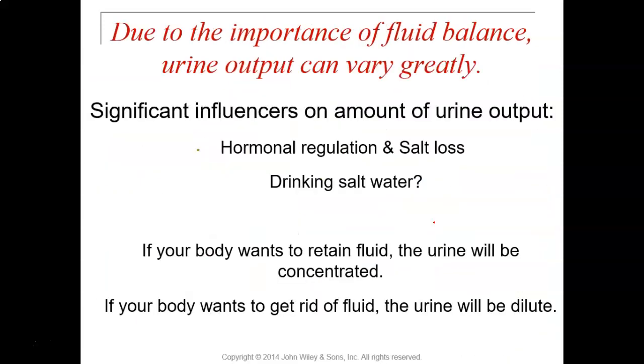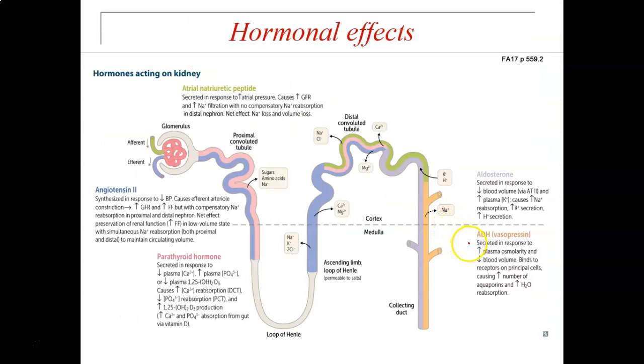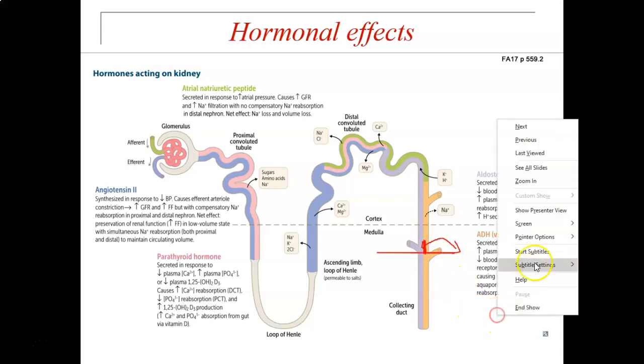That is how ADH, or antidiuretic hormone, functions. With antidiuretic hormone, we want to reabsorb as much water as possible, so water goes from the tubule and leaves and re-enters into the vasa recta, re-enters into all of the capillary beds.